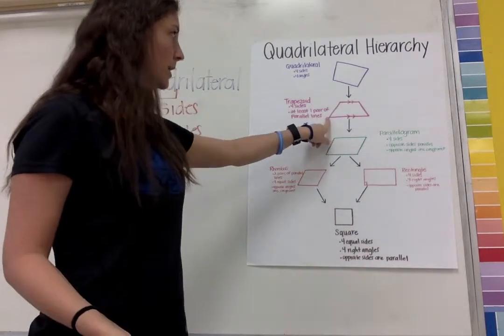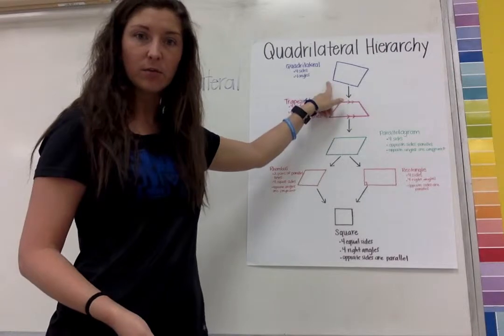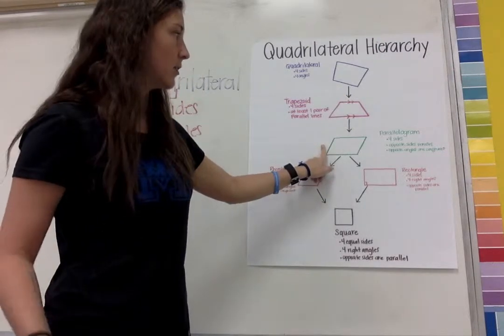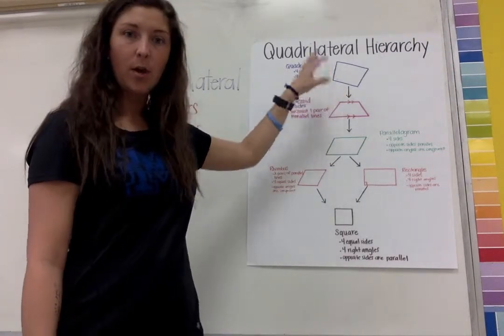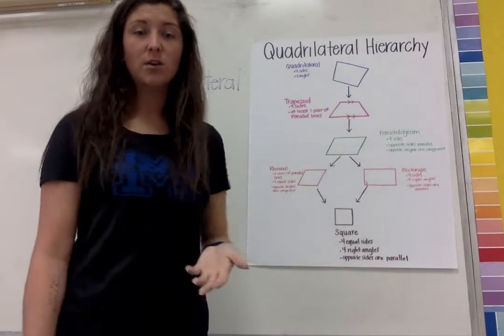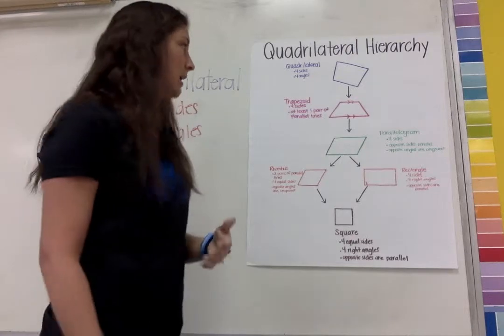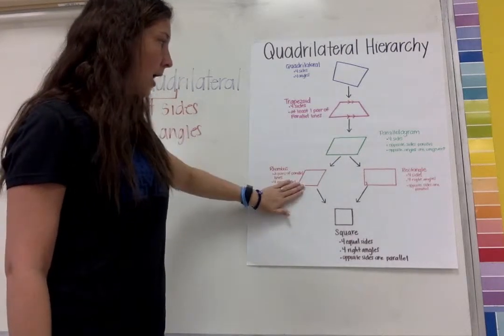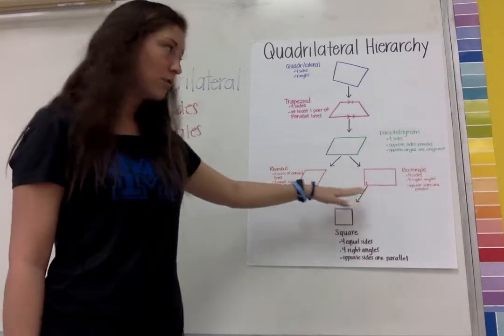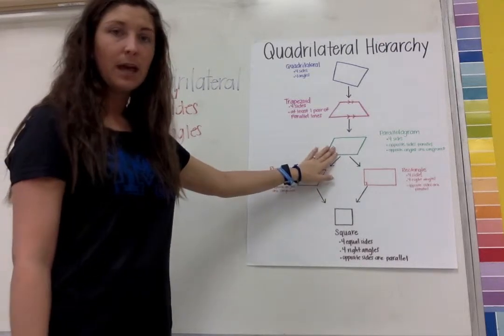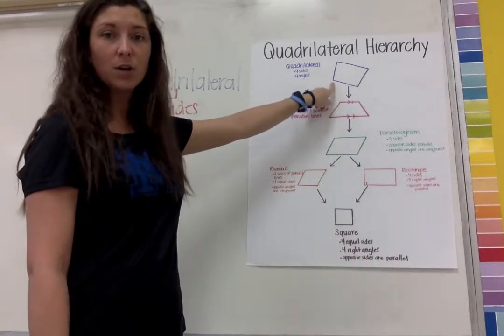A trapezoid is a quadrilateral. A parallelogram is a quadrilateral. All three of these shapes can also be considered polygons because they have many sides. Now, a rhombus and a rectangle can be a parallelogram and they can be a quadrilateral.